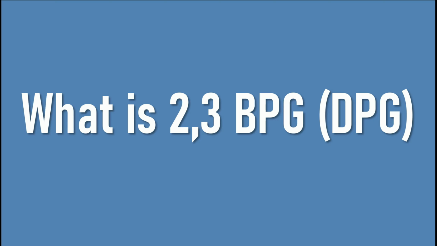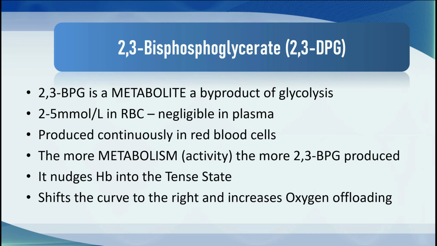Now let's move on to a mysterious substance that has been known to generations of students, doctors, and scientists as 2,3-DPG, but it's more correctly known as 2,3-BPG, and that is 2,3-bisphosphoglycerate. It is a metabolite that's a byproduct of glycolysis. The concentration within the red blood cells is 2 to 5 millimoles per liter.